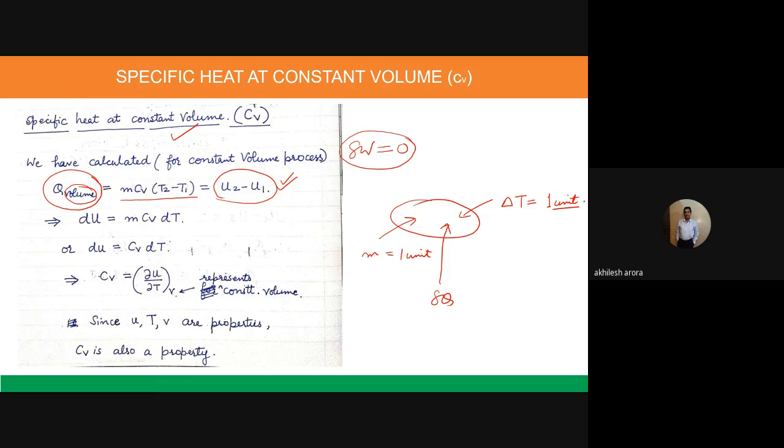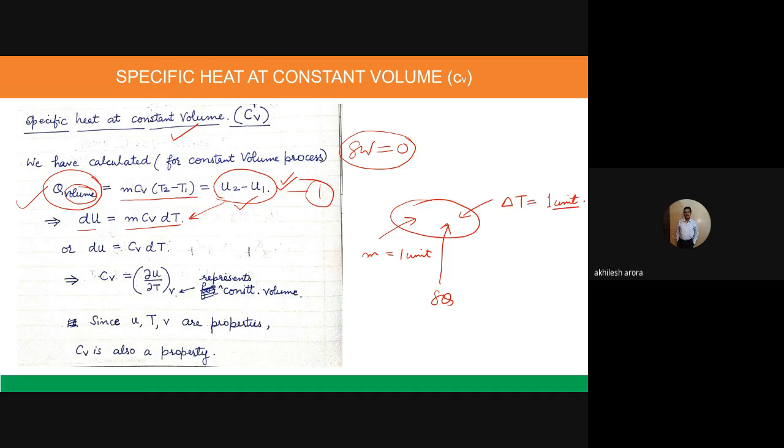Now you can see here in the first equation which I have written, the value of Q is equal to change in internal energy. So I can always write from here that dU is equal to mCv dT.